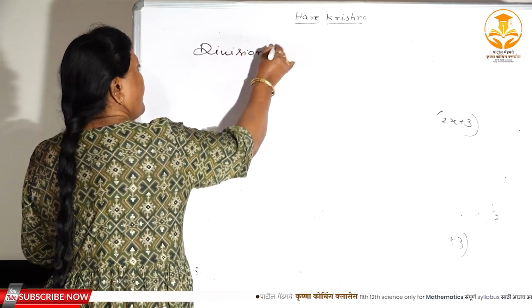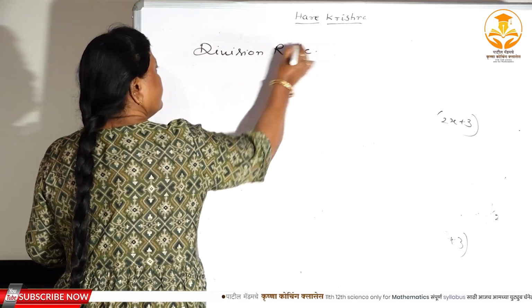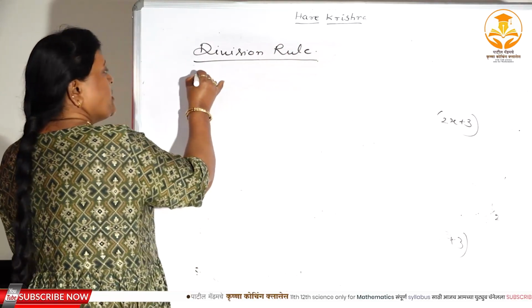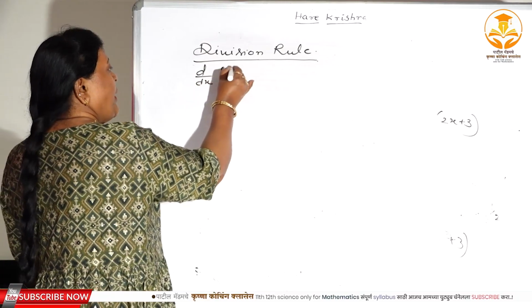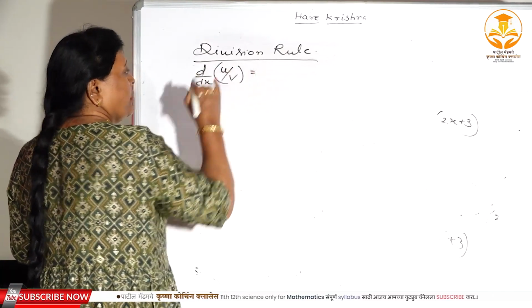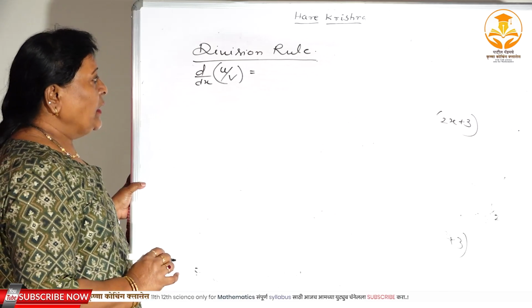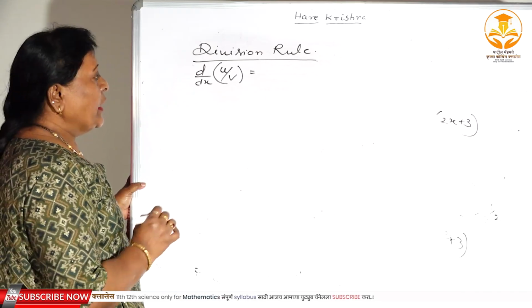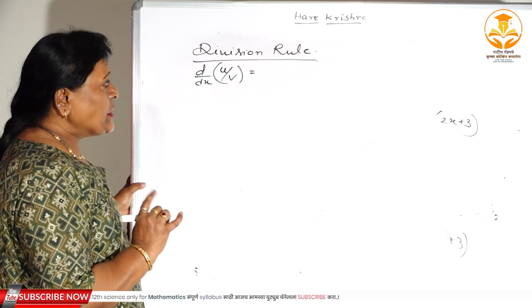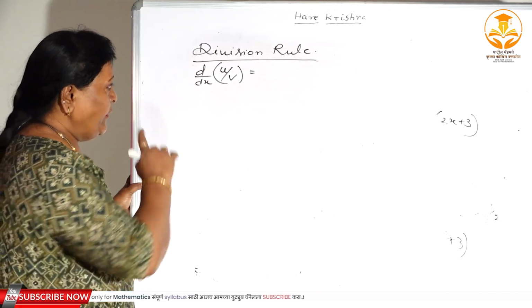Division rule. That is d/dx of u by v. Whenever the two functions are in the form of a division, in the form of a quotient, then how will you differentiate, isn't it? How will you find the derivative, right?